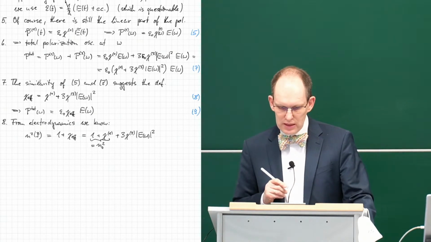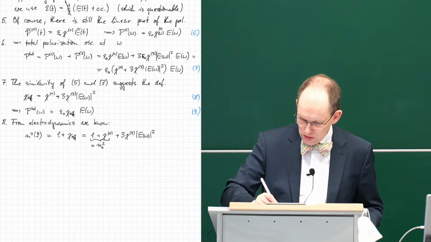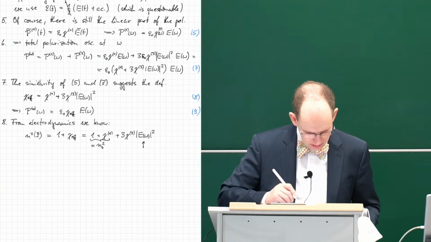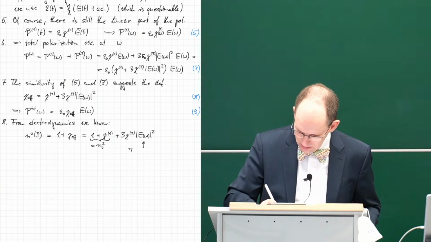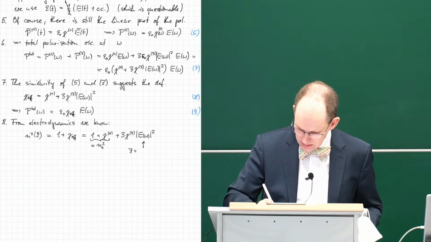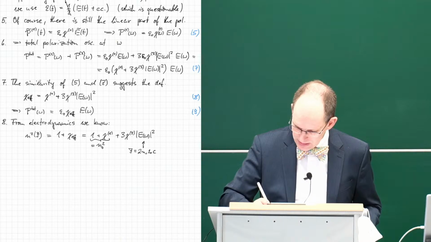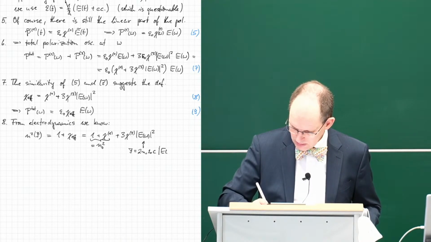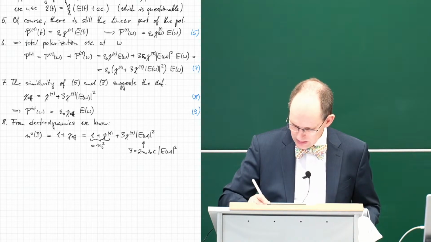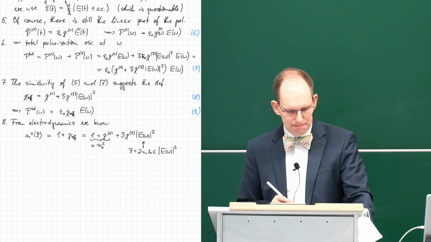this term that's proportional to the intensity, and now I'll write down actually how it is connected to intensity. So this is 2 times n0 times epsilon 0 times c. Well, actually, the intensity is defined as that. Yeah?